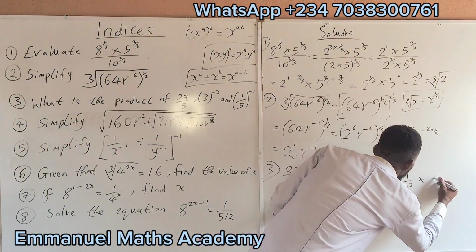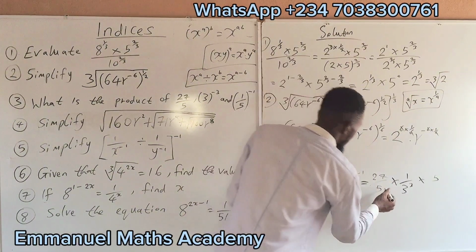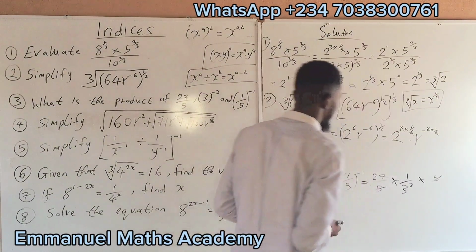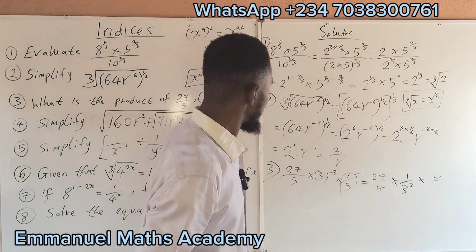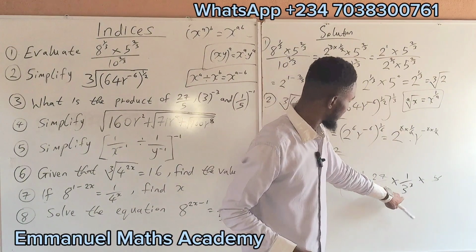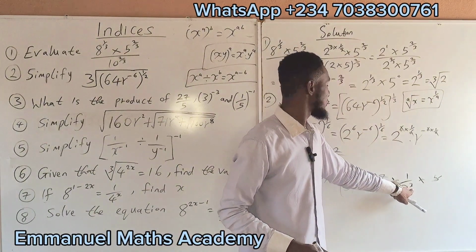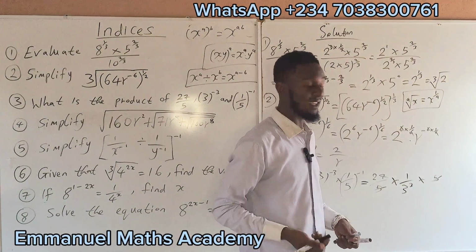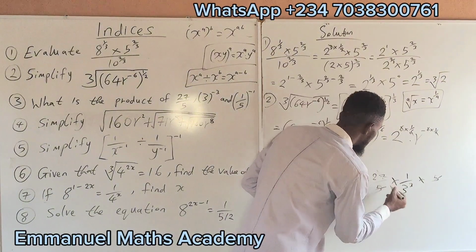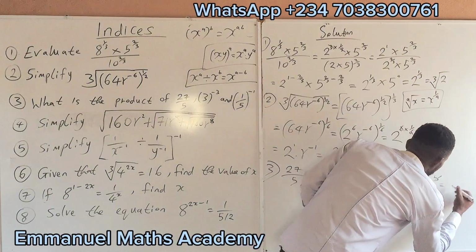You now have 5, right? 5 will cancel 5, right? Then this is 27. 3 raised to the power 3 will give you what? 27. Because 3 times 3 times 3 will give you 27. That means this will cancel this. You have what? 1.